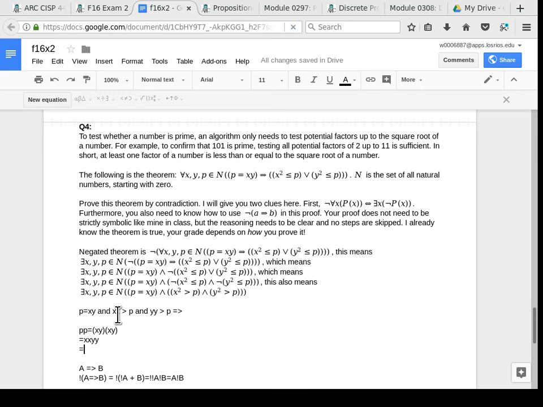But because x squared is greater than p, and y squared is greater than p as well, p squared is x squared times y squared, and we also know that p squared is less than x squared times y squared. And we have a contradiction, because a value cannot equal another value and be less than it at the same time. That's our contradiction.